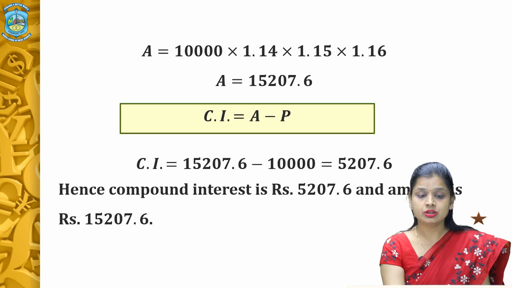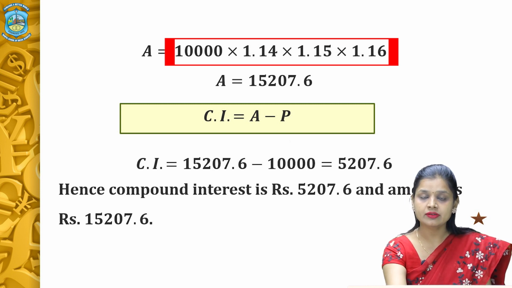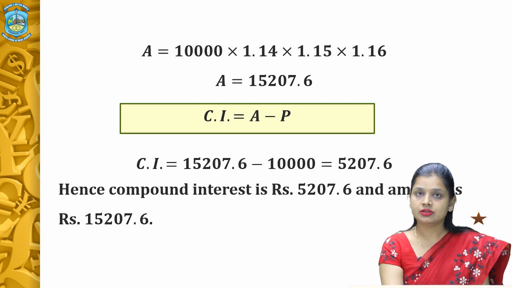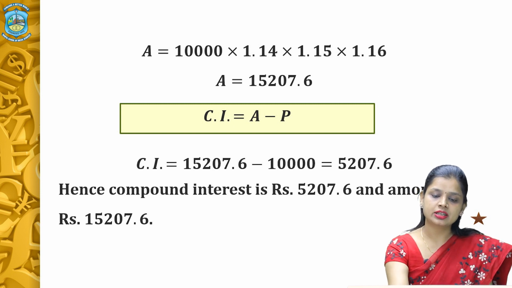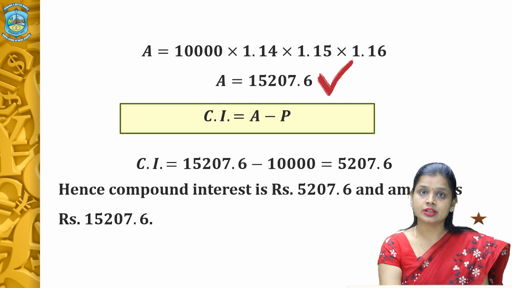Therefore, the amount is rupees 10,000 multiplied with 1.14 multiplied with 1.15 multiplied with 1.16. After multiplication of these terms, we get the amount as 15,207.6.